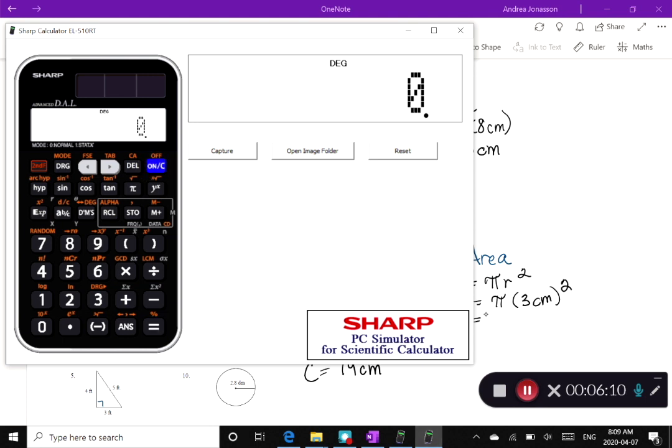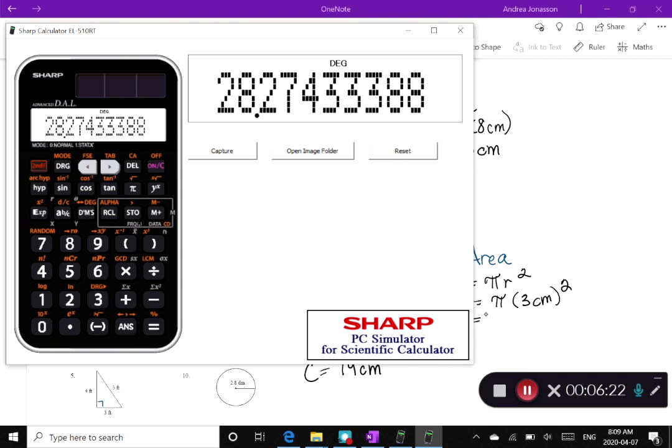So we have pi times 3 squared, which is equal to 28.27. If I'm rounding off to the nearest square centimeter, I will say 28.